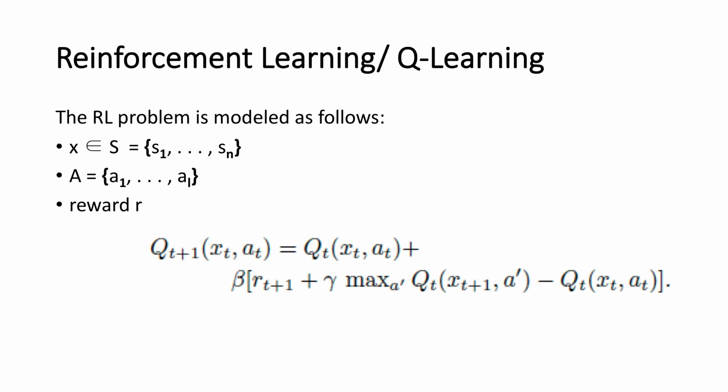So we can update the Q table by TD learning and then construct the policy to map the state to decision based on that.